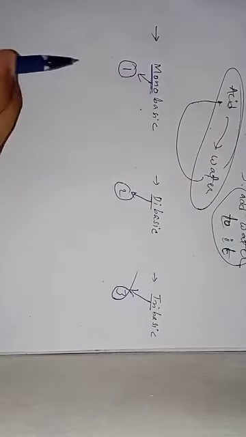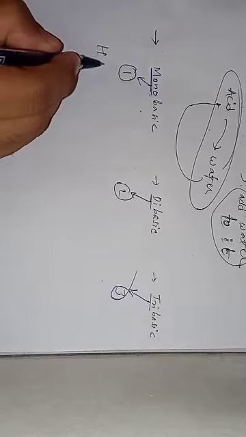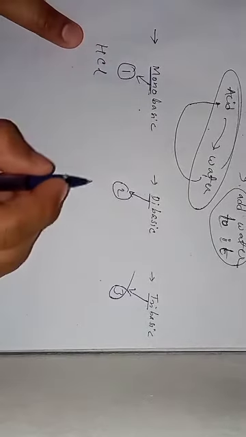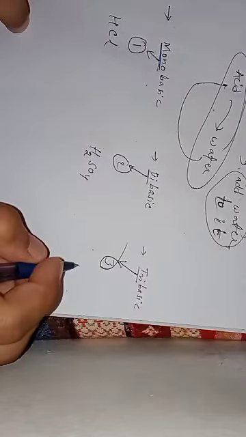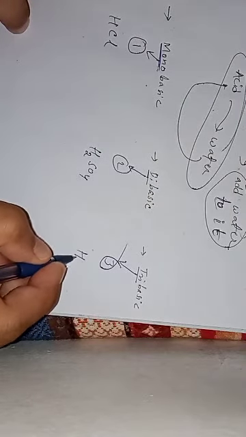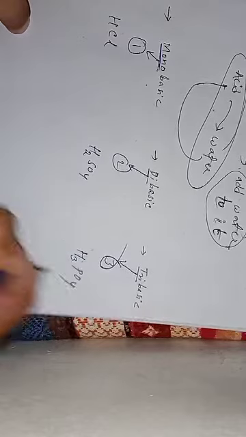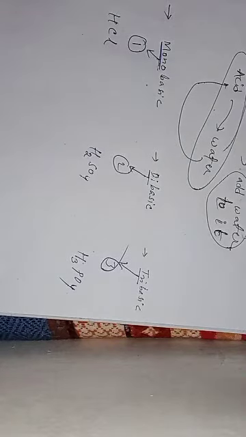So for example, HCl is monobasic, H2SO4 is dibasic and H3PO4 is tribasic.